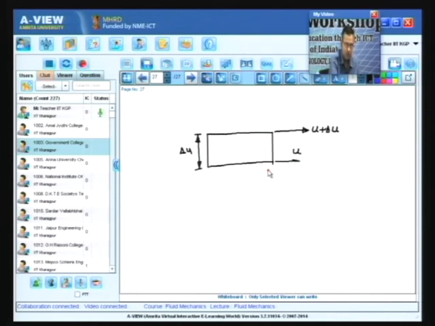Now, let us say that originally the fluid element was rectangular, but because of the differential velocity between the top and the bottom layer, the fluid element is deformed. So, when it is deformed, what is the relative deformation? The relative deformation is that with respect to the bottom, the top layer moves.